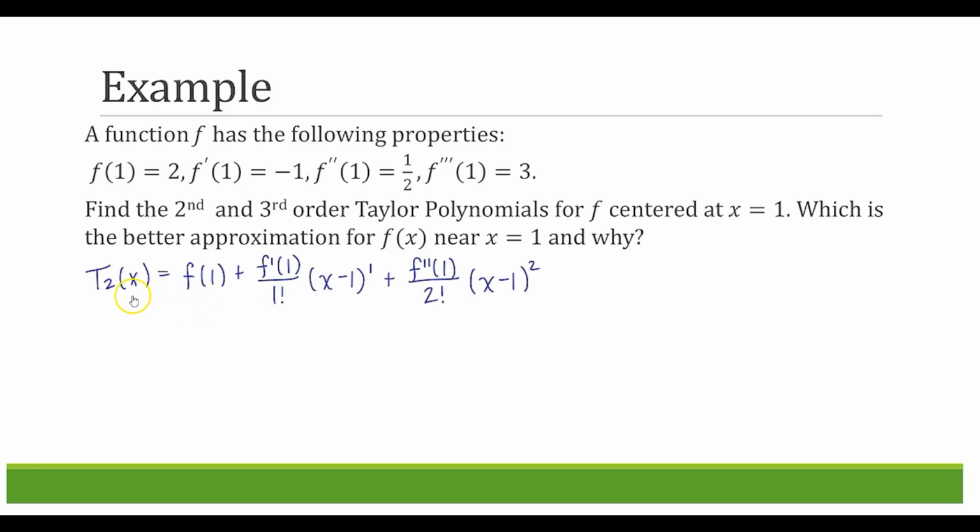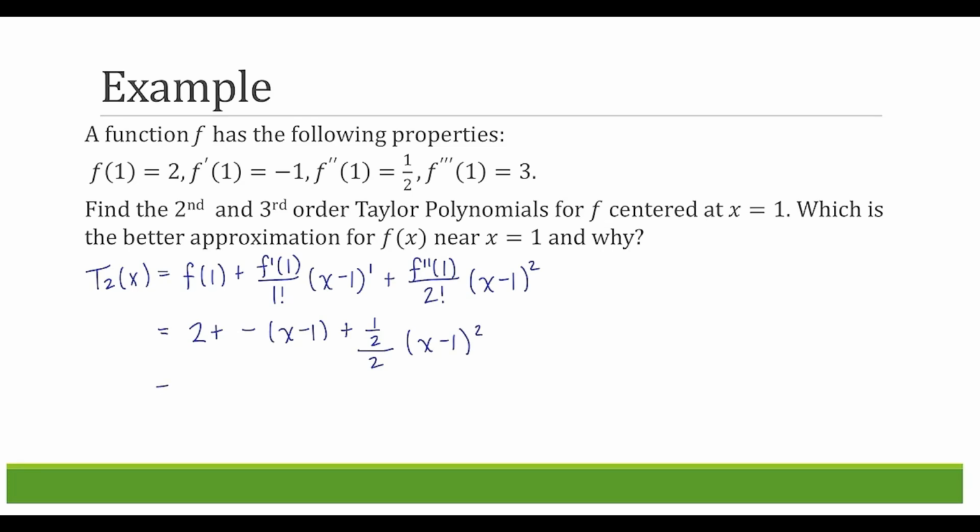So this is my second order Taylor polynomial, but I have to substitute in the values for f of 1, f prime of 1, and f double prime of 1. f of 1 we were given is 2, so we have 2 plus f prime of 1, which was negative 1, and 1 factorial is 1, so we simply have minus (x minus 1) to the first power, and then plus the second derivative at 1, which is 1/2, over 2 factorial, and 2 factorial is 2 times 1, which is just 2, times (x minus 1) squared.